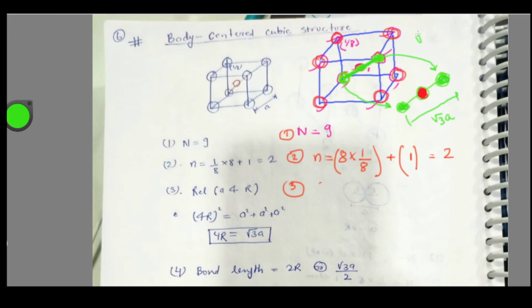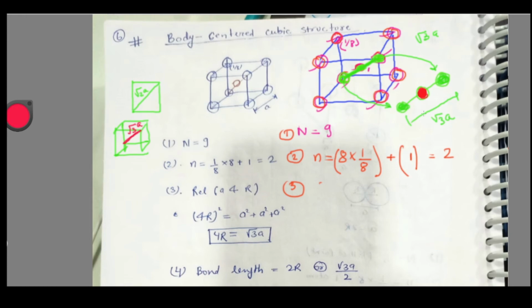So the diagonal of the cube is root 3a, and the diagonal of the face of a cube, for a simple square, is root 2a. For a simple cube, the diagonal length is root 3a.